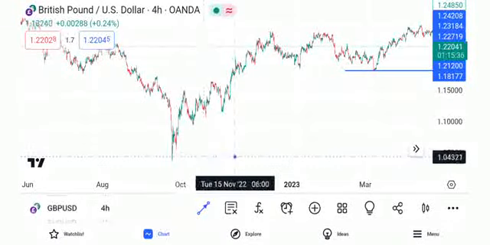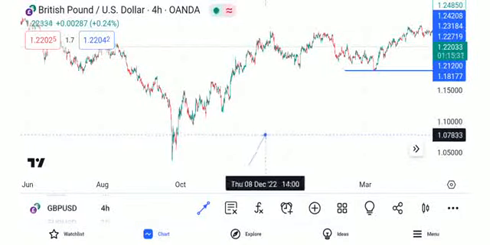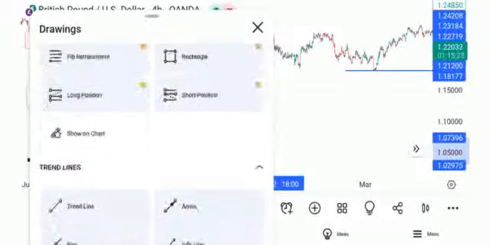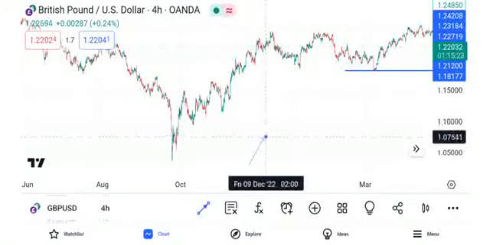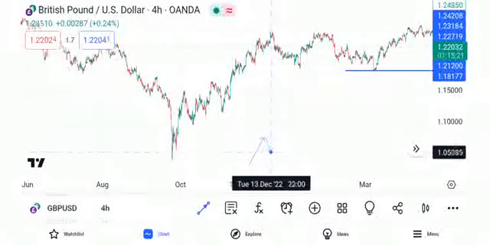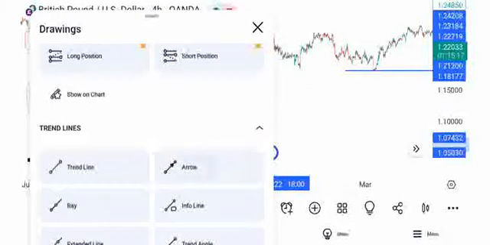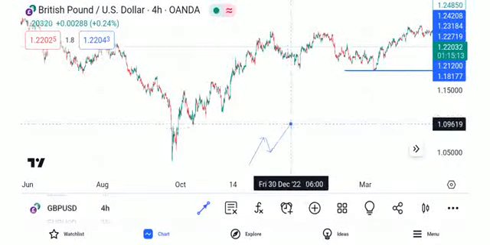The market is trading up, which is one move here, and it makes a pullback, just a short one. Then it goes back up.